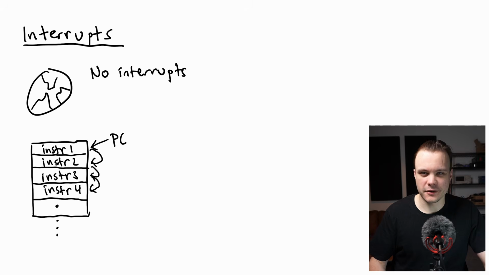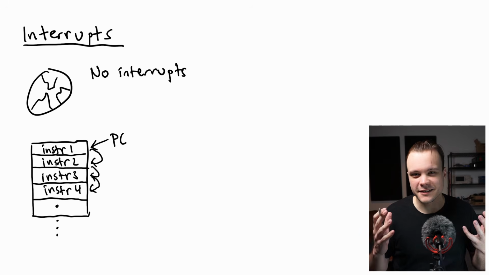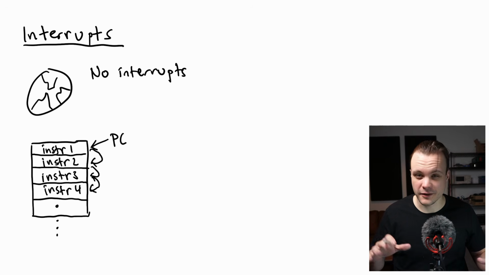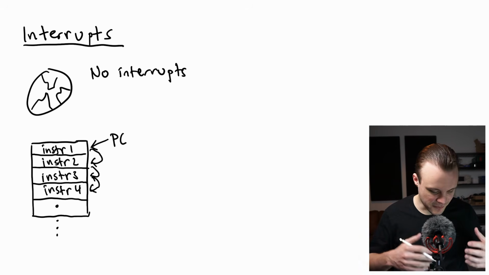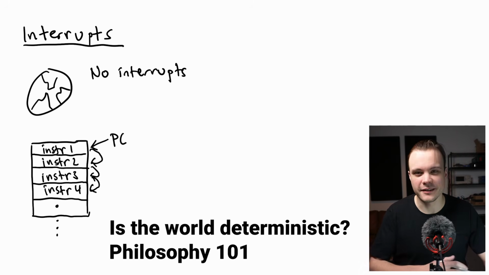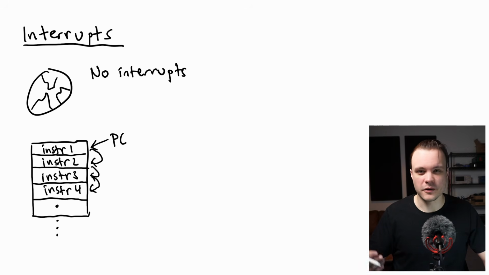Having the microcontroller execute instructions exactly as we have told it to is going to work well as long as the microcontroller doesn't have to react to any kind of events happening in its environment. In other words, it works perfectly well as long as the environment is perfectly deterministic and we can predict, when we write our code, when everything is going to happen.